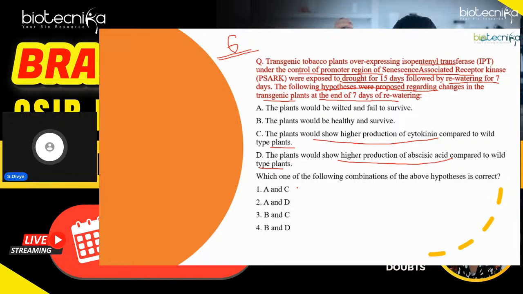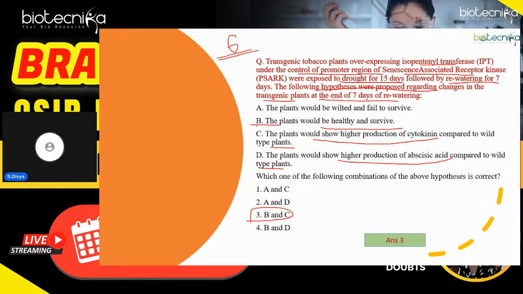The correct answer over here is a combination of statements B and C. That is, the plant would remain healthy and survive, and the plants will show higher production of cytokinin compared to wild type plants. So, why are statements A and D eliminated?